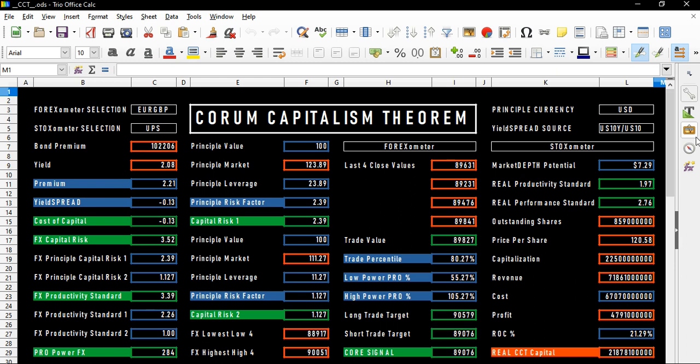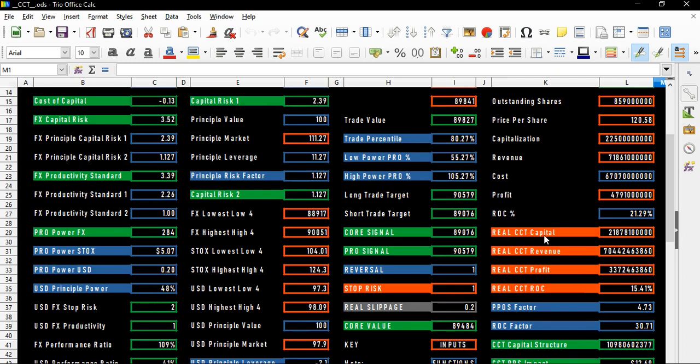Now, the boxes that have the orange tabs beside them, like stop risk, real CCT return on capital, or real CCT capital, those aren't data entry boxes, just the regular boxes. So what we're going to do is walk through these, and I'm going to show you exactly how we do this, all right?